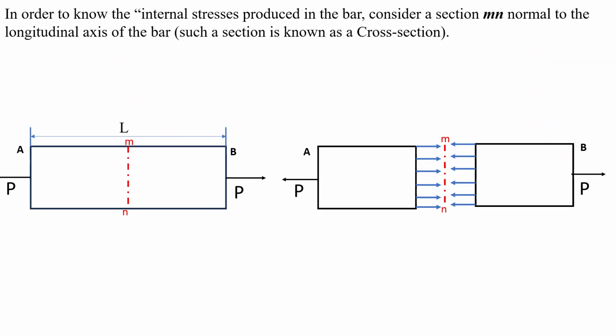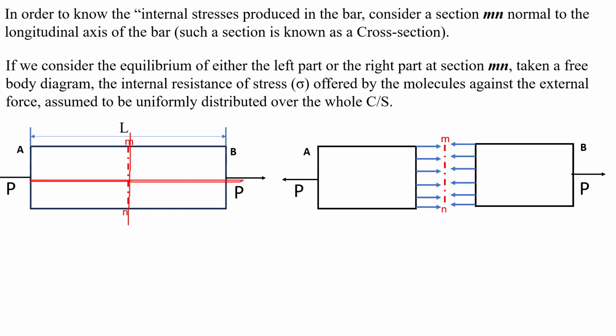In order to know the internal stresses produced in the bar, consider a section MN normal to the longitudinal axis of the bar. Here MN is the cross section of the bar AB, which is normal to the longitudinal axis.